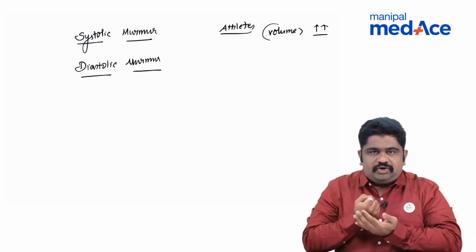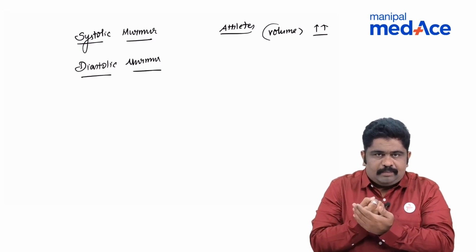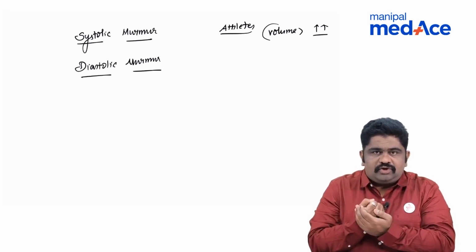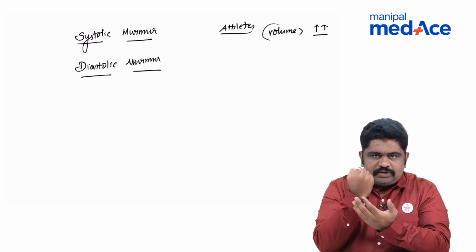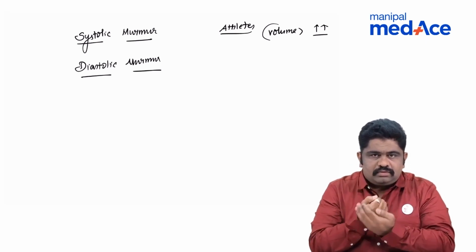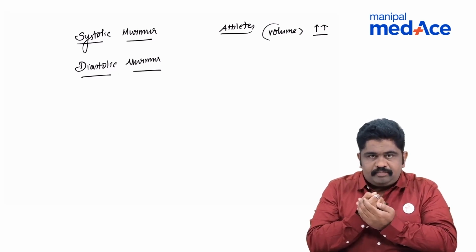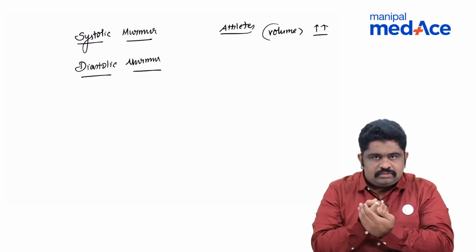Now imagine this noise. If I hit it once, it's called lub. The second time, it's called dub. Now watch very carefully. Lub dub, lub dub, lub dub. Now watch this.